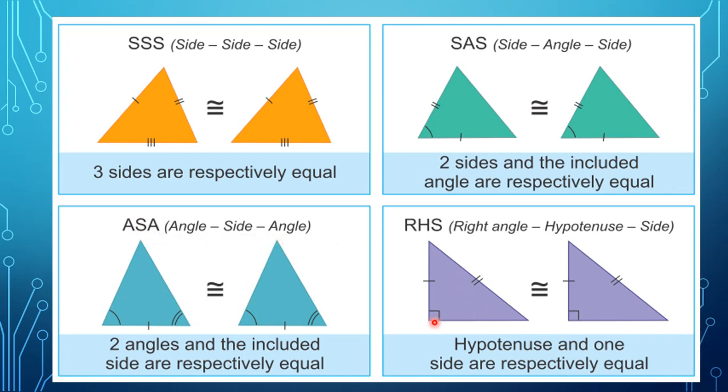Then in the right angled triangle, the right angle, hypotenuse, and one side are equal to the right angle, hypotenuse, and one side of the other triangle. So these two triangles are congruent by the RHS criterion.